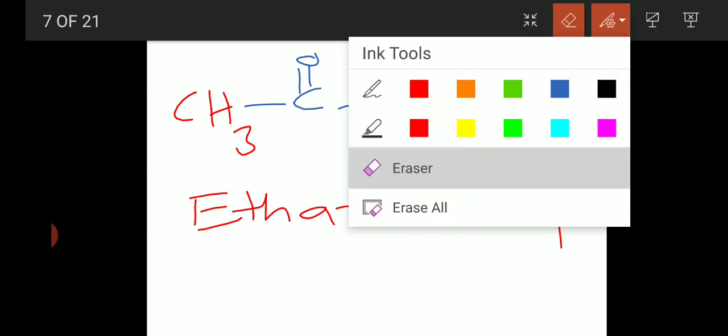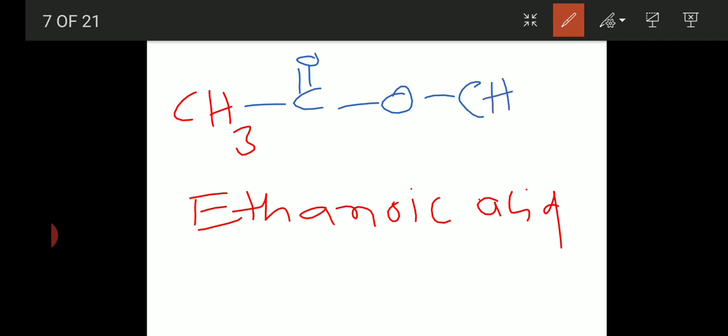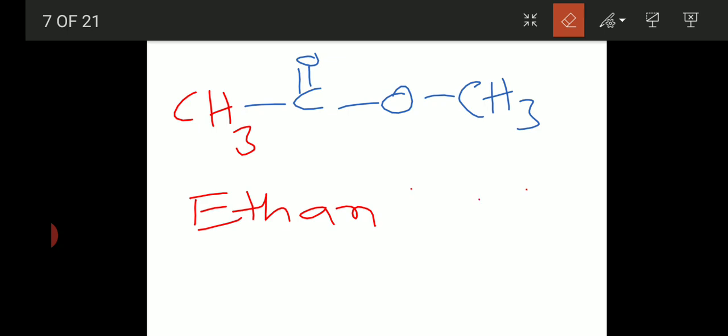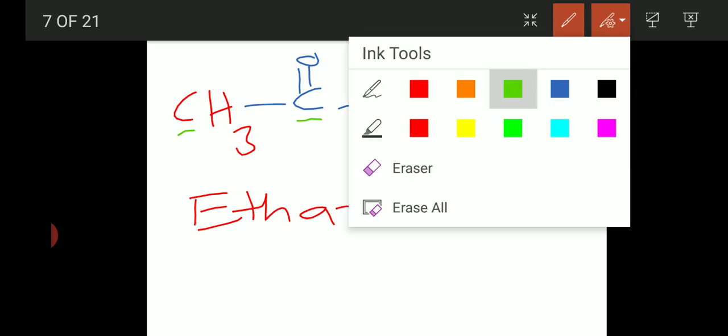Now this is an ester. To write its name, in place of oic acid, you have to write ate: ethanoate, 2 carbons, that's why ethanoate.